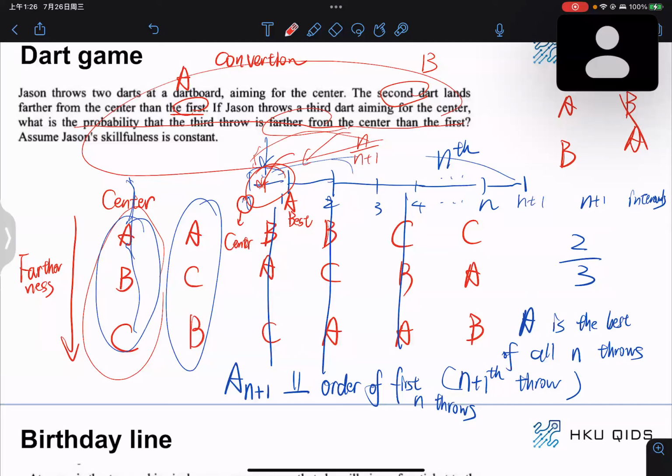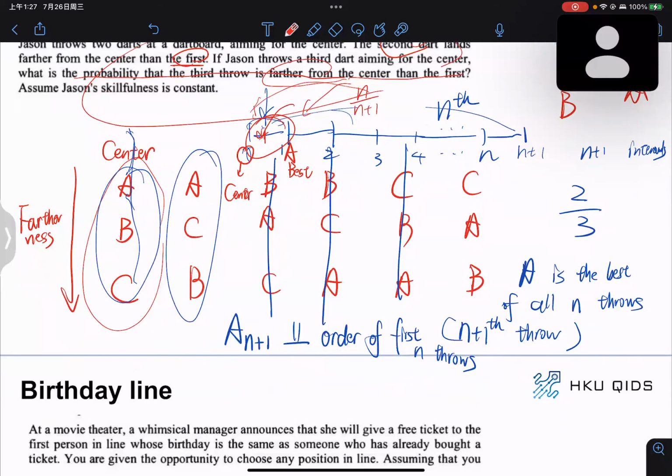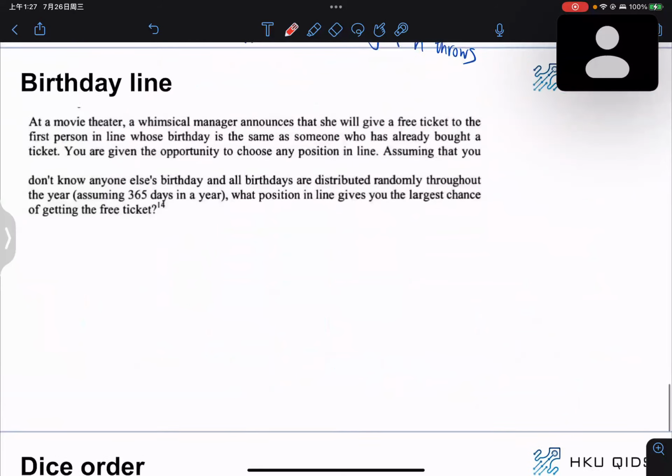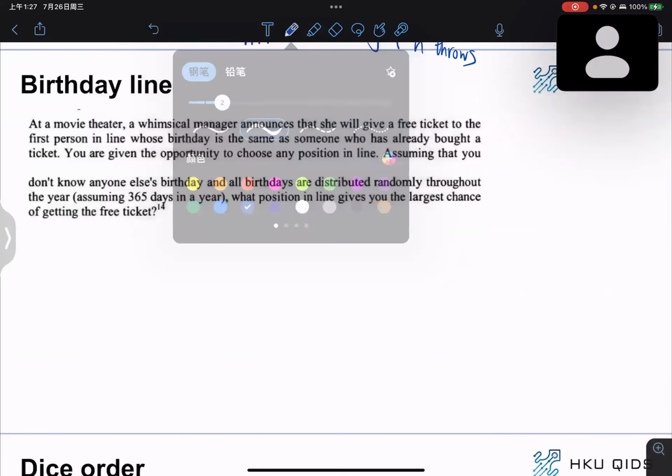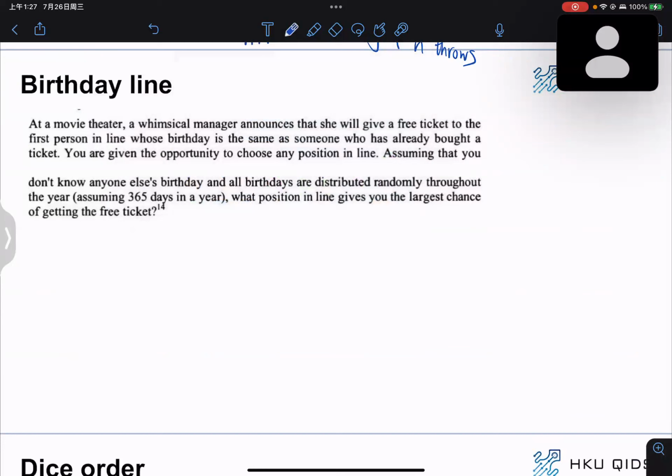Otherwise, I must be further from the center than A, which is the best one among the first n throws. You see? So the general case is just n over n+1. Like in this case, n equals 2, and I'm trying to throw the third one, so it's 2 over 3. And now let's come to the next question, the birthday line. This question is based on the answer of the question we talked about last time, right? The birthday line.